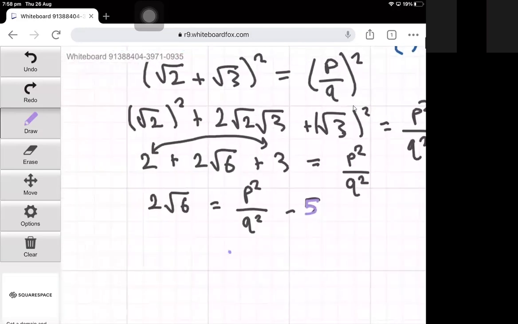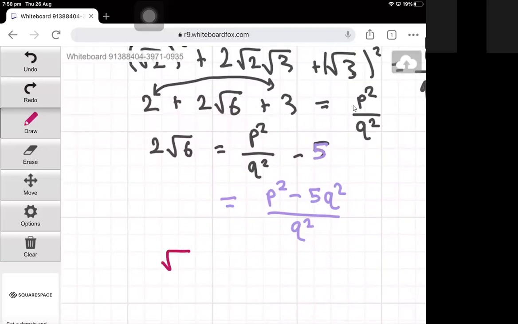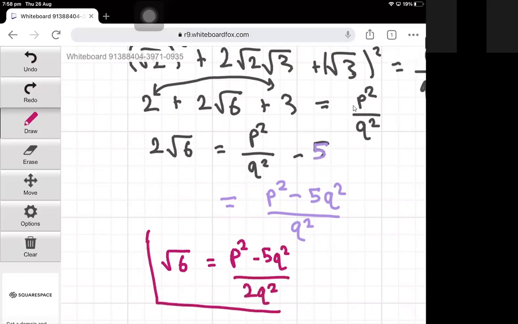Now we can write the right-hand side as a fraction with a common denominator. And now we divide both sides by 2. Now we have the square root of 6 is equal to p squared minus 5q squared divided by 2q squared.